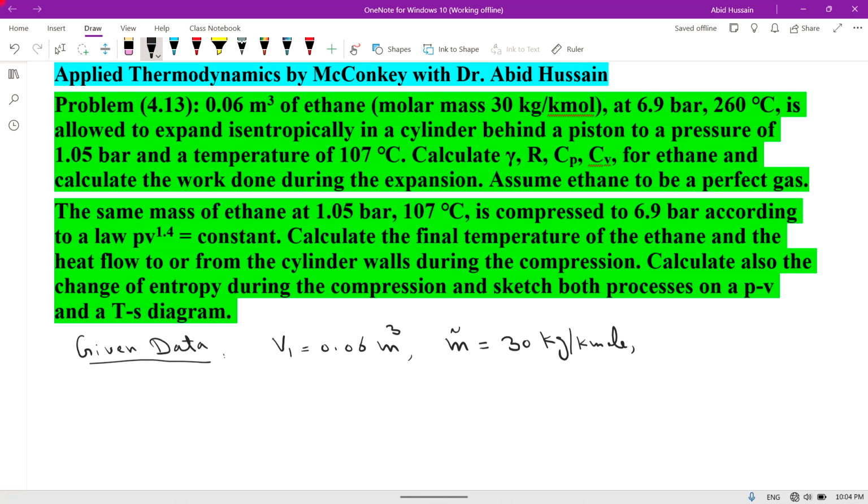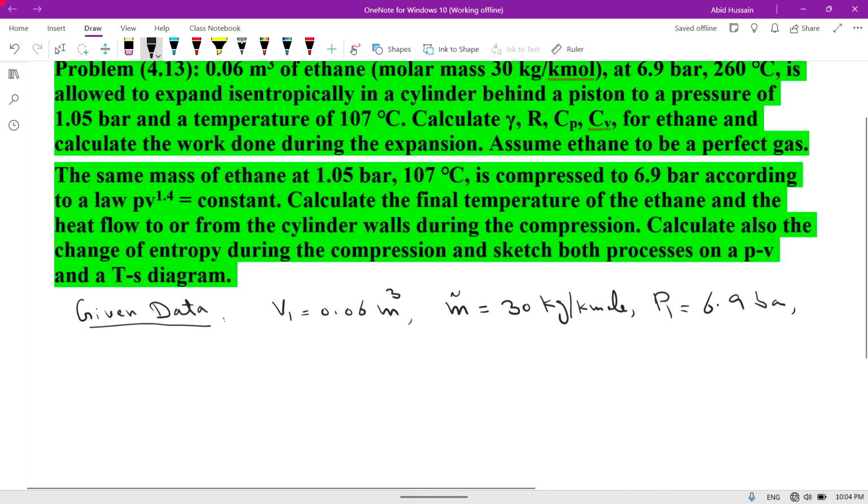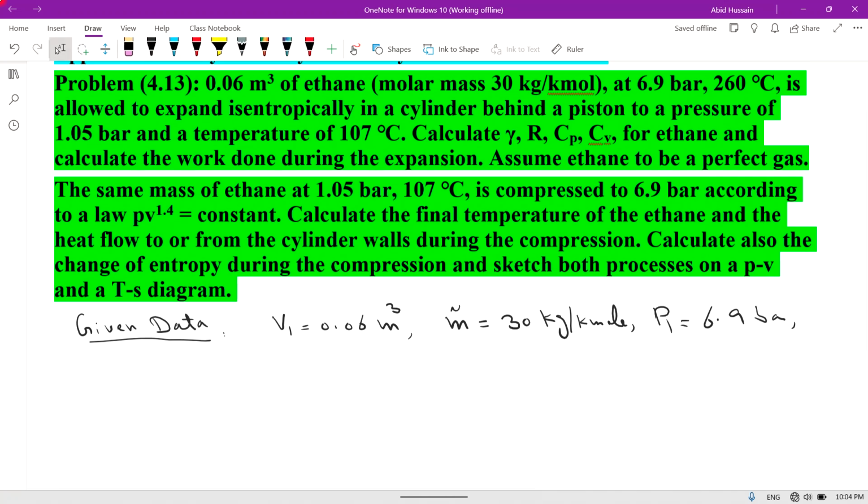Initial pressure P1 is equal to 6.9 bar, and T1 is equal to 260 degrees centigrade, which is equal to 260 plus 273 Kelvin, and that is 533 Kelvin.